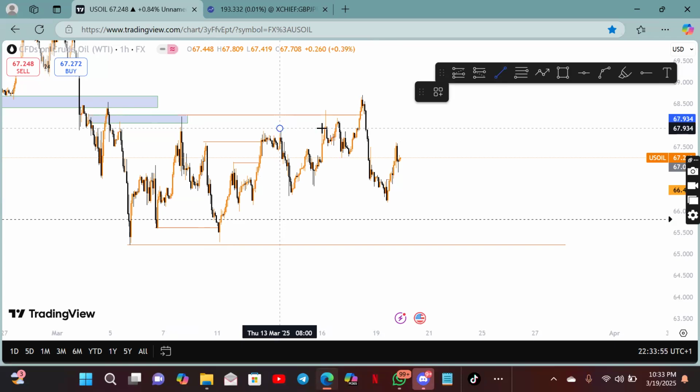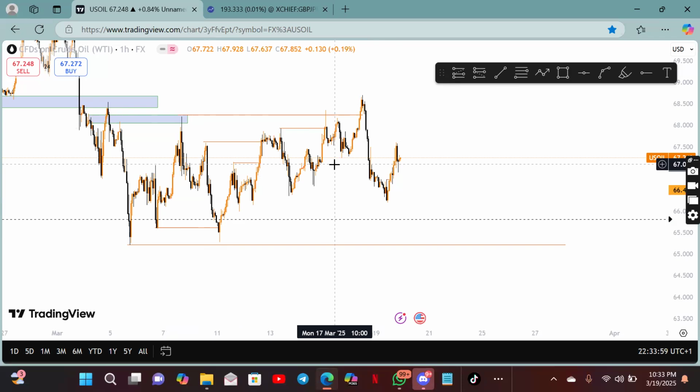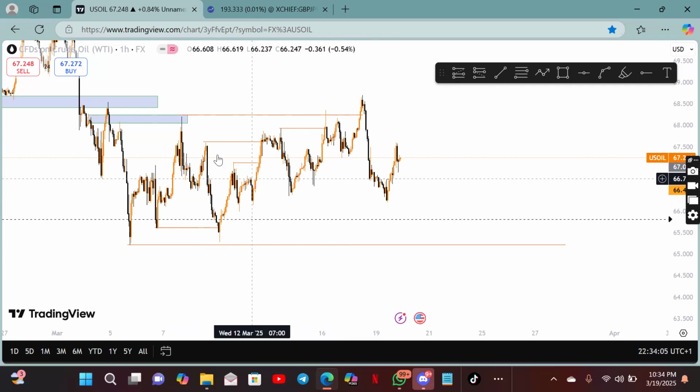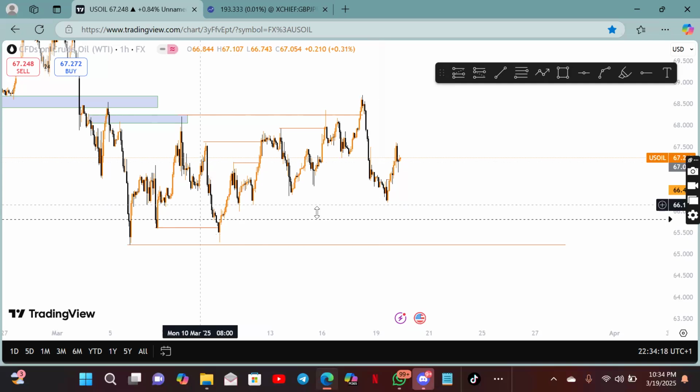You broke this structure too. Are you seeing many structures were broken? When these structures were broken, it gives you strong confirmation that this buy is going to hold. Do you understand?